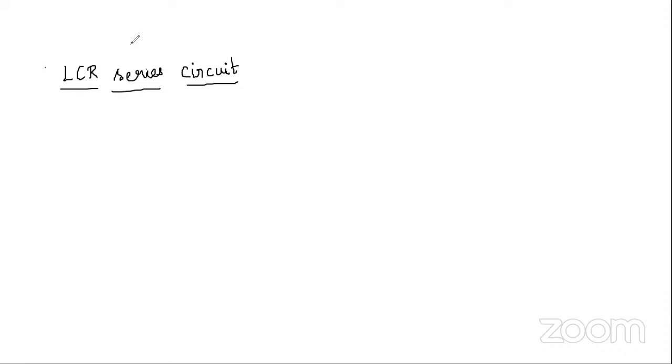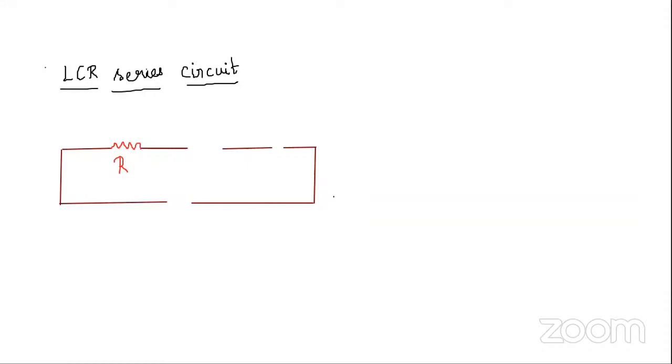Now I will be drawing the circuit. So here you have the resistance R. Here you have the inductor coil L. And the capacitance is here.